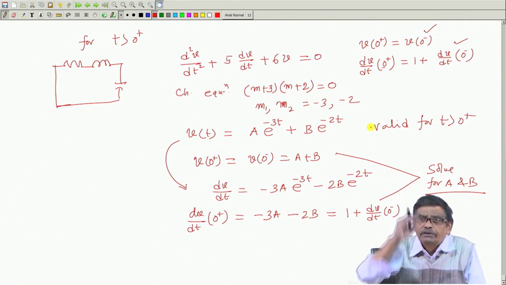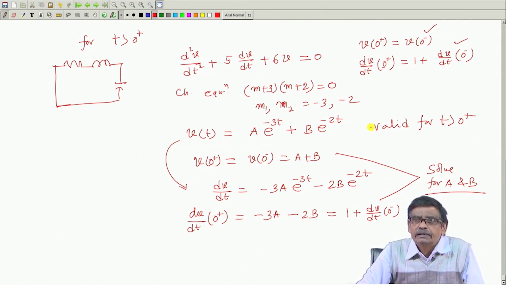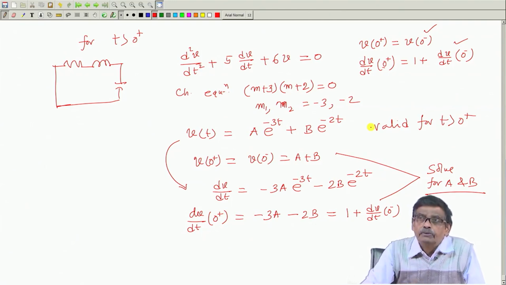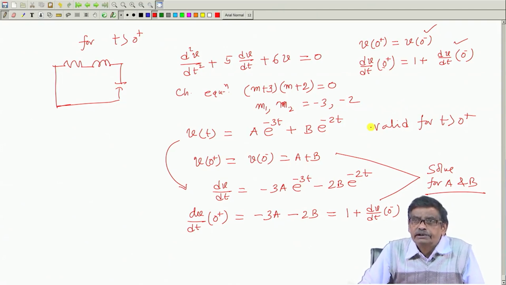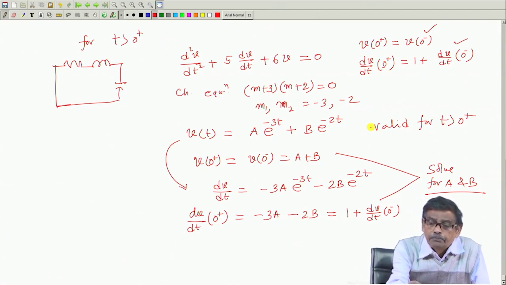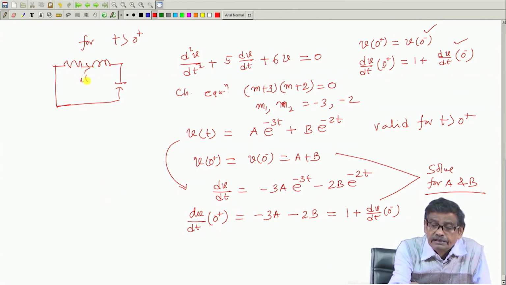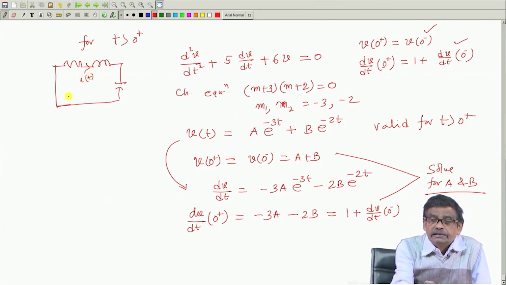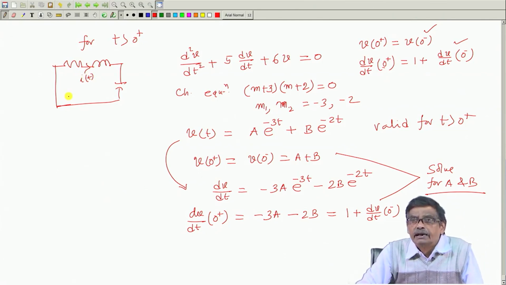In fact, whatever was derived, we assumed that it excludes that impulse function. But anyway, even if an impulse function is there, I have now told you how to carry on the calculations to get the response current i(t) if it is excited by an impulse.